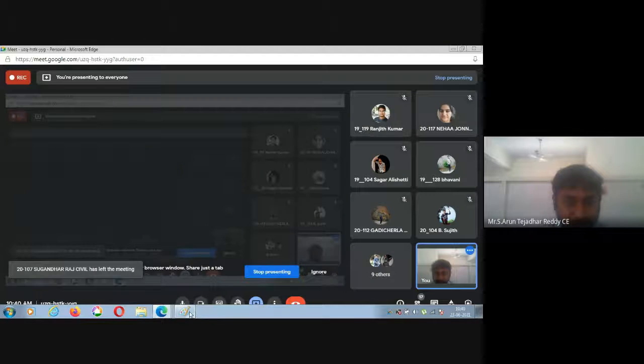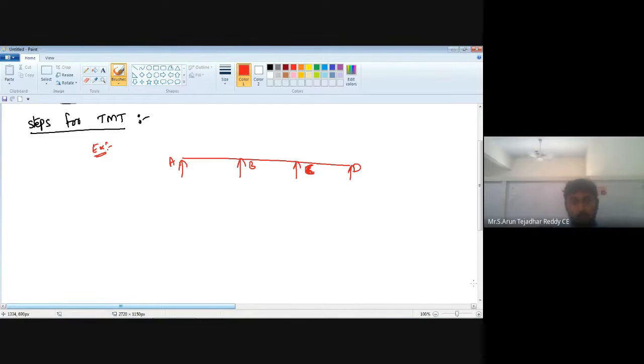Now what loads are acting on top of the beam? Imagine the first load is a central point load and the span is L1. Here the second beam BC has a uniformly distributed load W Newton per meter or kilonewton per meter, and the span is L2.